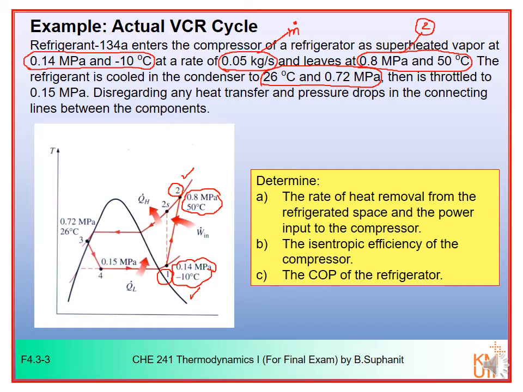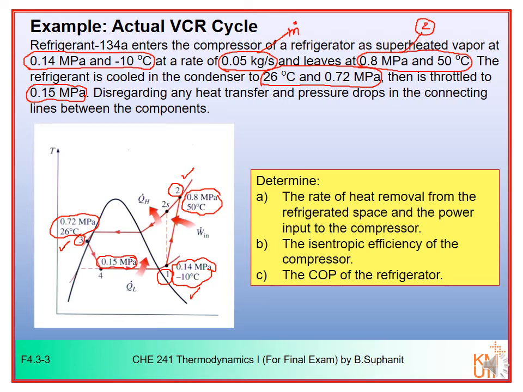This is the condition at number 3. You know both temperature and pressure. Number 3 is also fully defined. And then it will be throttled through a valve to the pressure of 0.15 megapascal. This is point number 4.